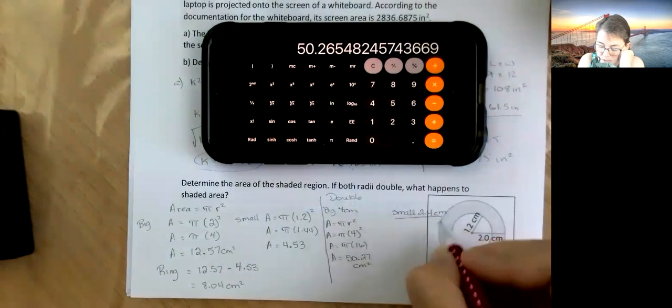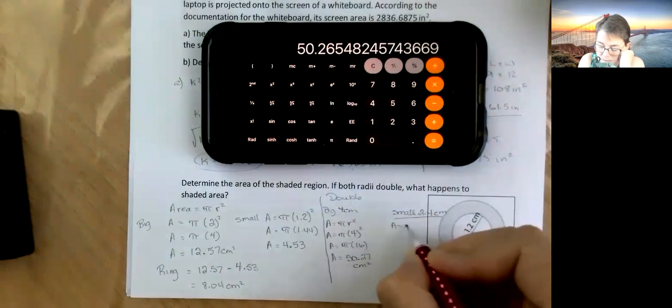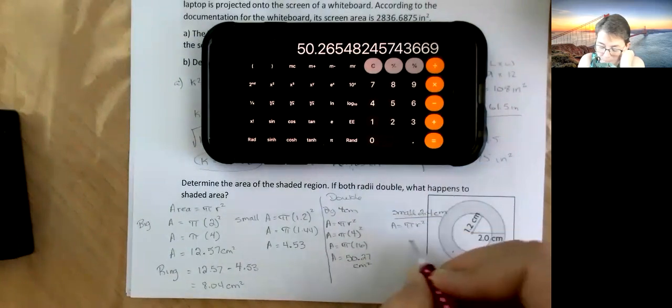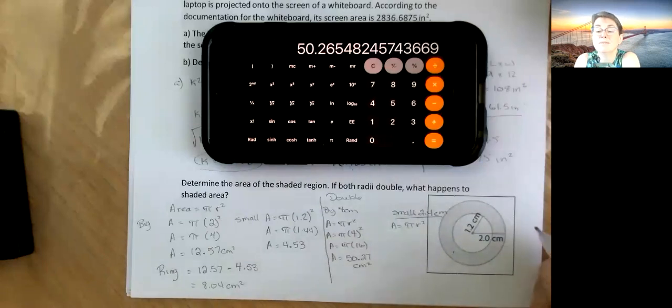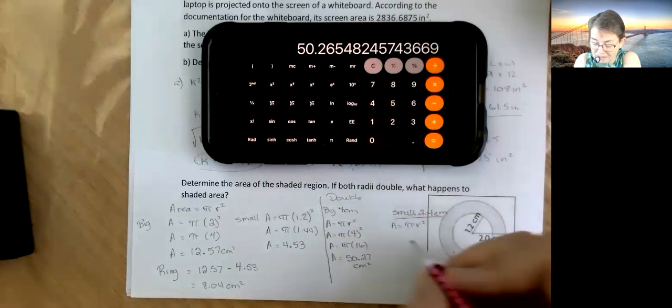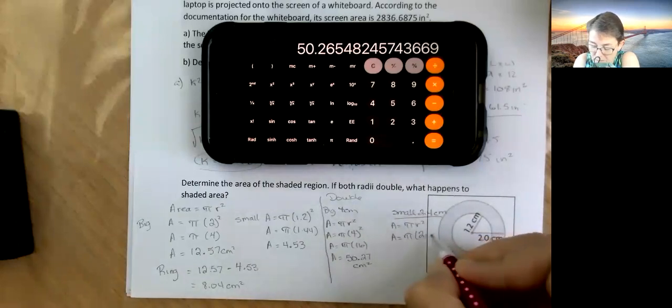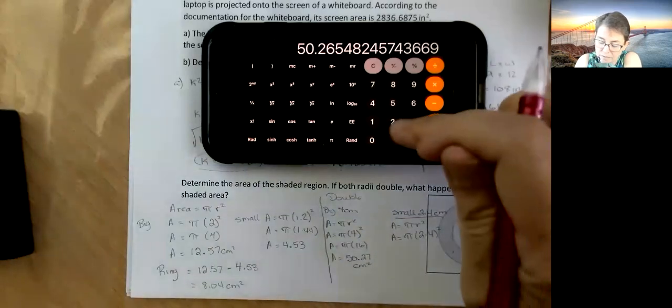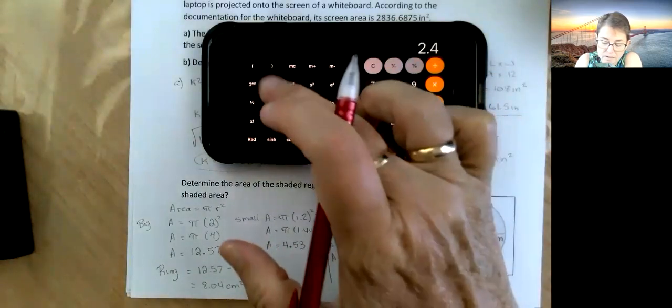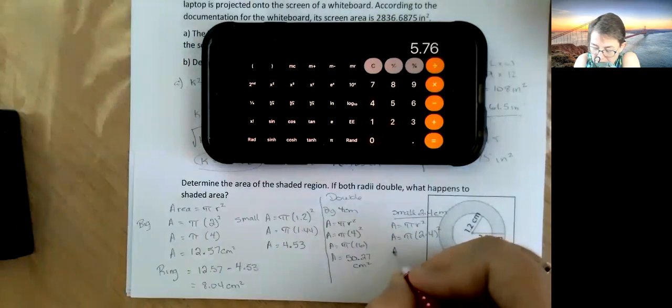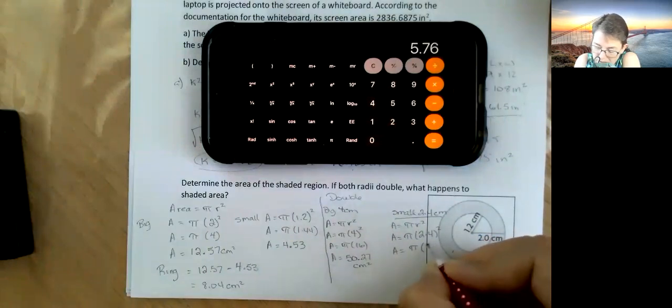And our small one, area is equal to pi r squared. Sorry, zoning out, enjoying my math, and probably my voice is starting to get soft. Area is equal to pi times 2.4 squared. I don't know what 2.4 squared is. All right, so area is equal to pi times 5.76.